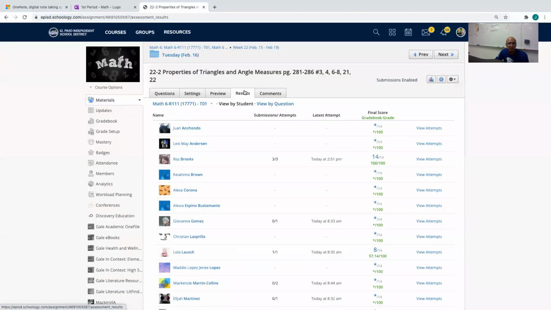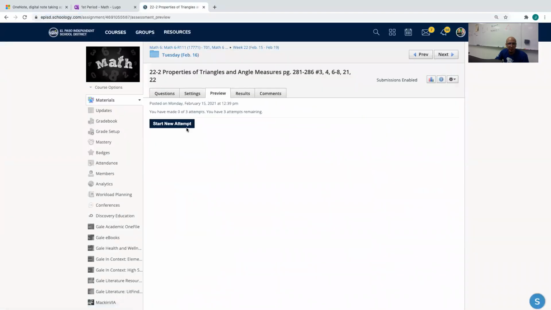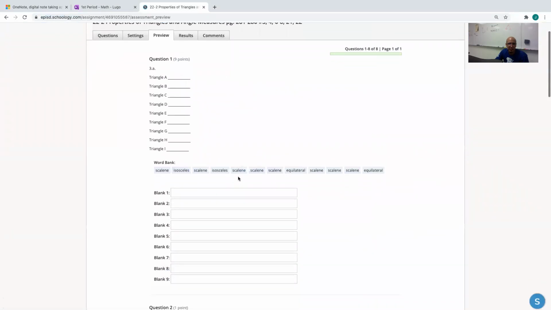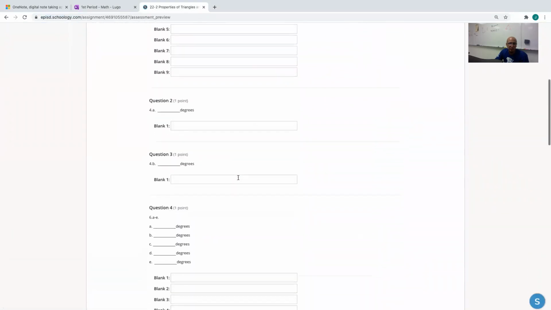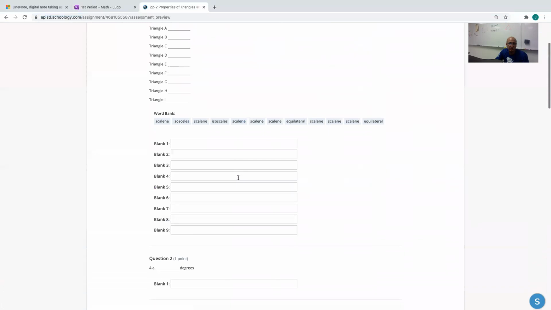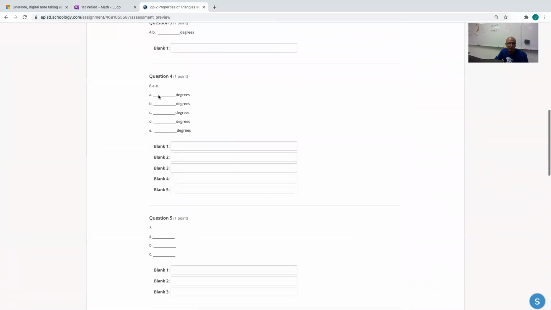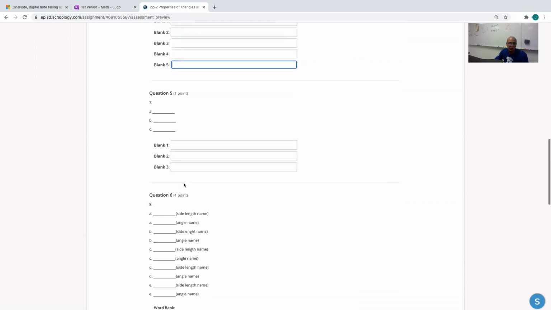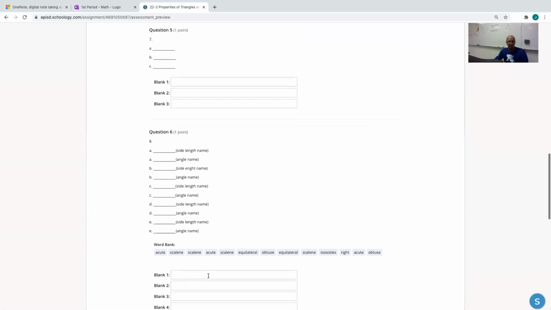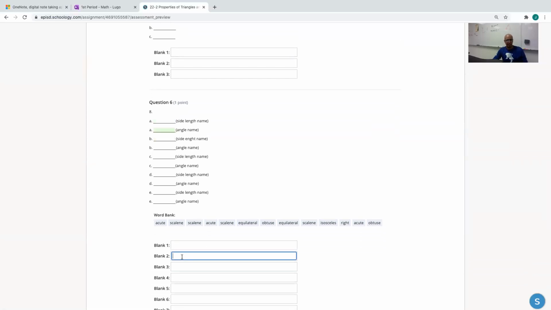And if I preview the attempt, you can see, ladies and gentlemen, this is number 3, number 4, number 6. For number 6, you're just going to put the degree that is missing. But for number 8, you have two blanks for number 8A.